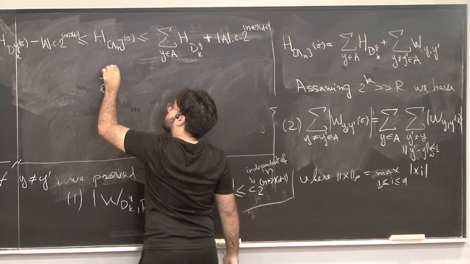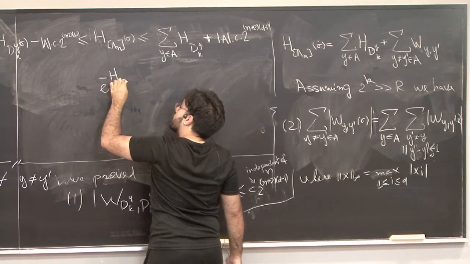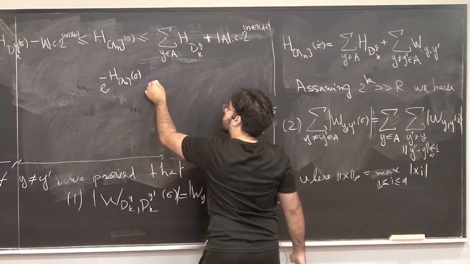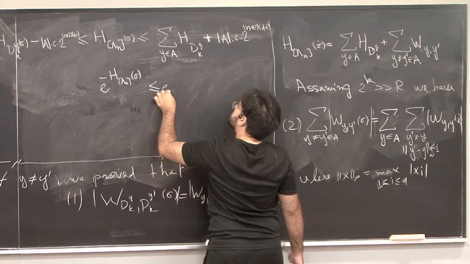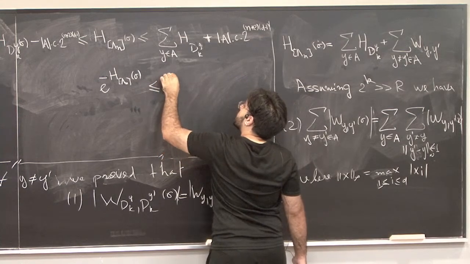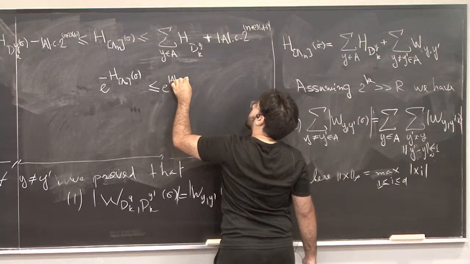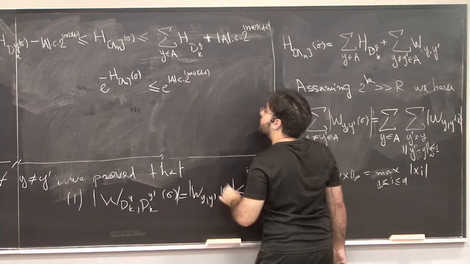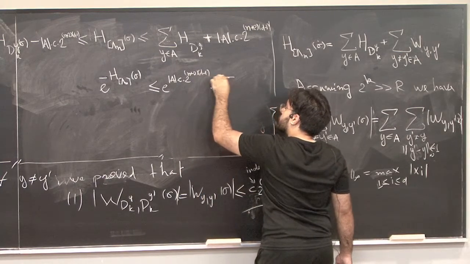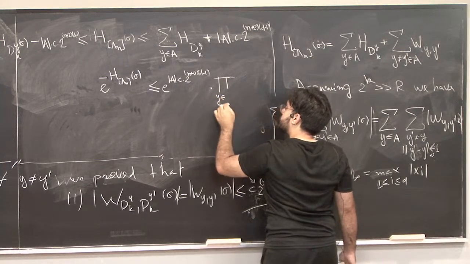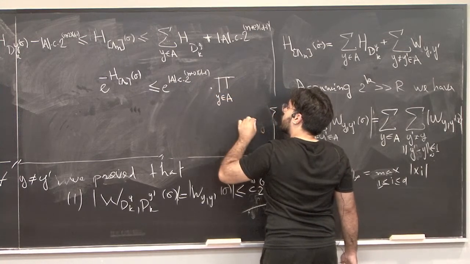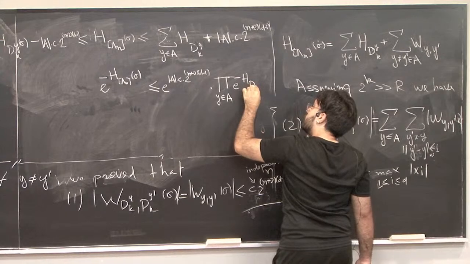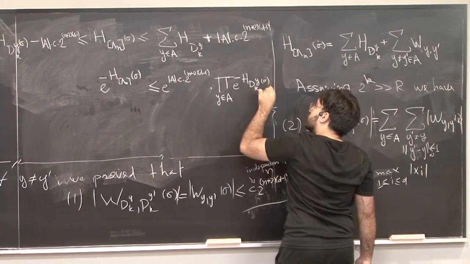So this implies that this term here is less than the exponential of A times C times 2 to the power n plus 2d minus 1, times the product of y in A of the exponential of minus h_dk y sigma.